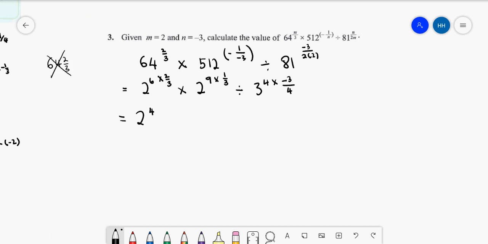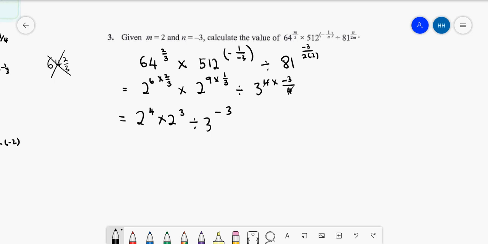And then times 2 to the power of 9 times 1 over 3, which equals 3. And then divide 3 to the power of 4 times negative 3 over 4, so it becomes 3 to the power of negative 3.